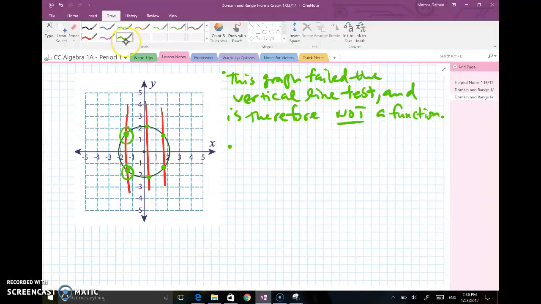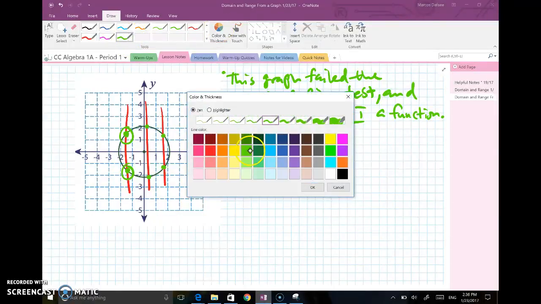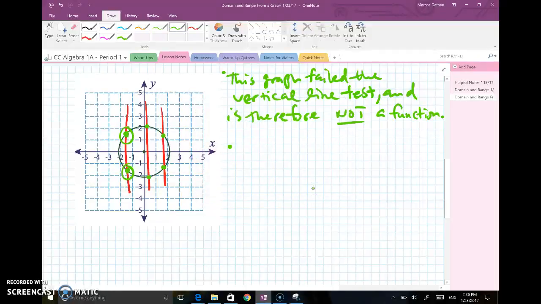Now from here, we can go on to talking about our domain and range. I'm going to switch to a thinner marker here so we don't run out of space. And I'll get rid of these marks so it's not in the way. Perfect. Okay, so let's cover domain first. Now the domain, again, is your input, all your x's, right?